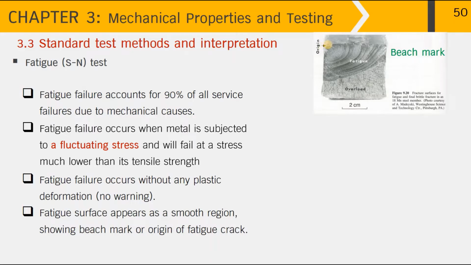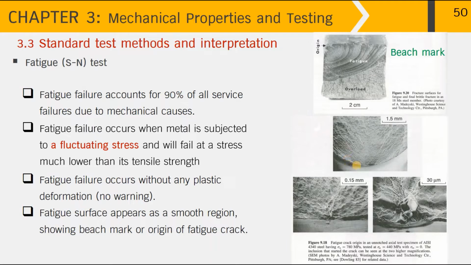If we work backwards, we can see that once the fatigue crack originates over here, the crack will advance towards the cross-section of the component until reaching the critical fatigue length over here. At this stage, the rest of the cross-section cannot bear the load anymore, and that will cause overload and final fracture.